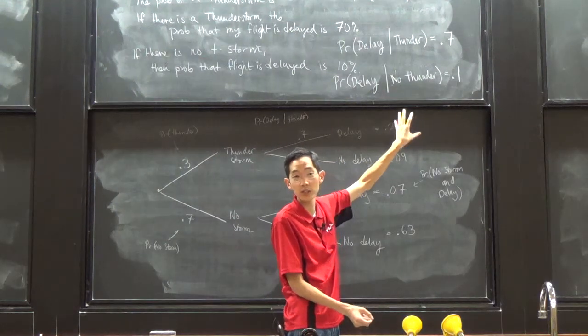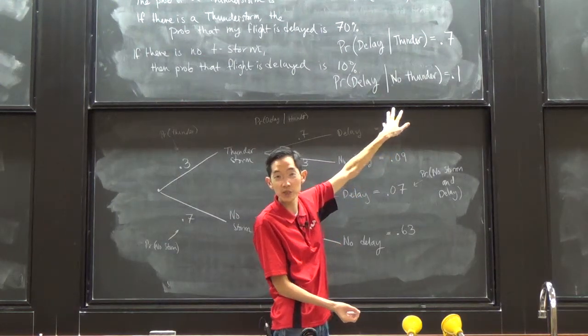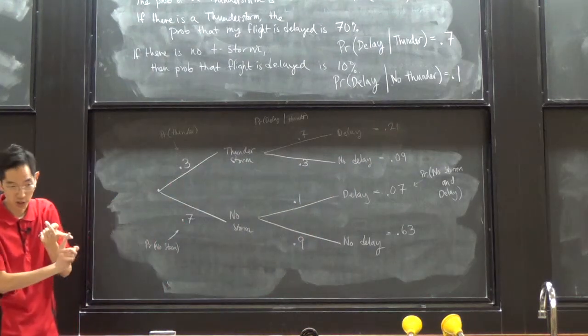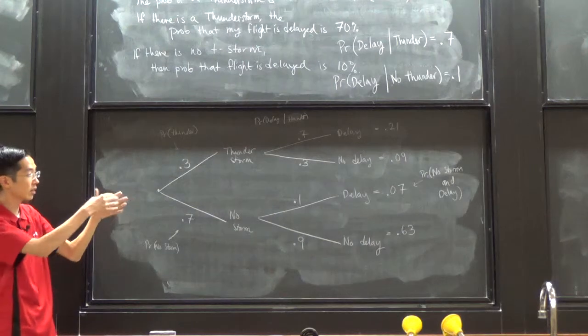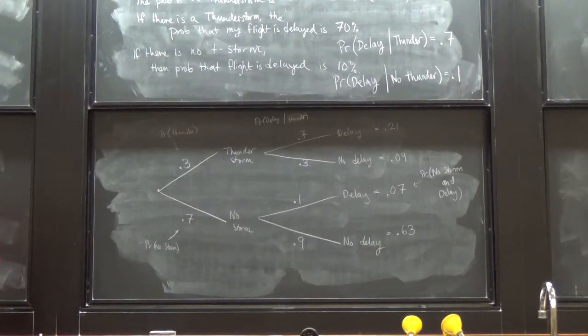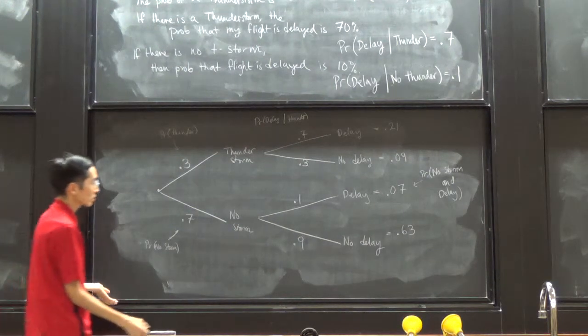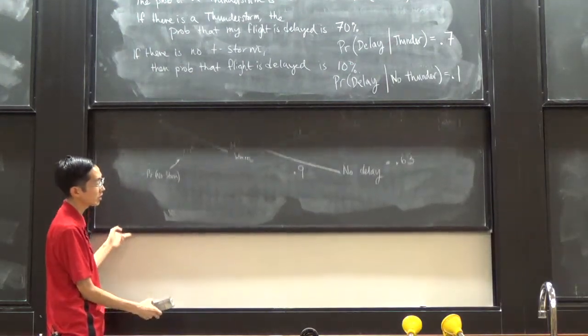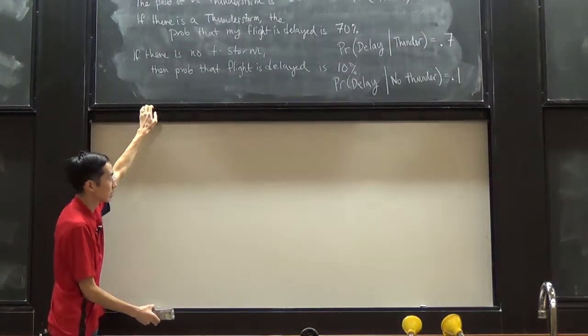There's a very important and major difference between the given probability, or the conditional probability, and the and probability.